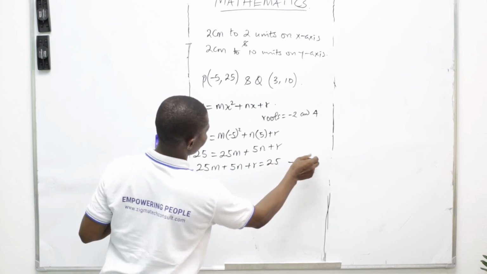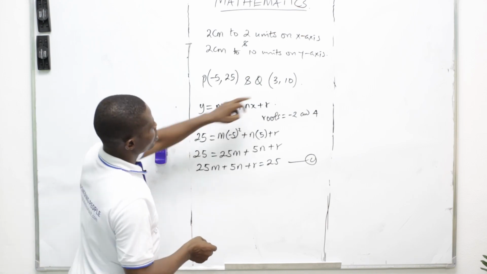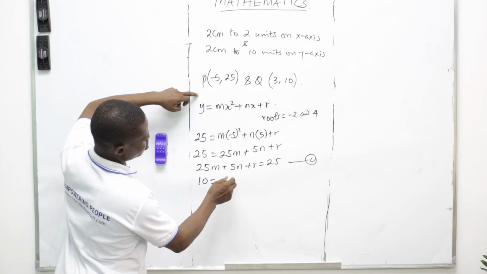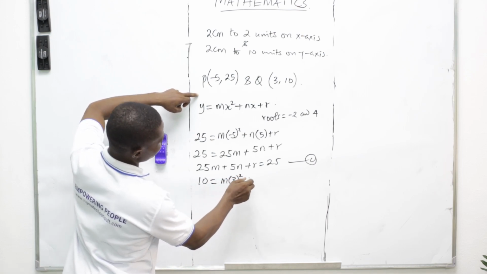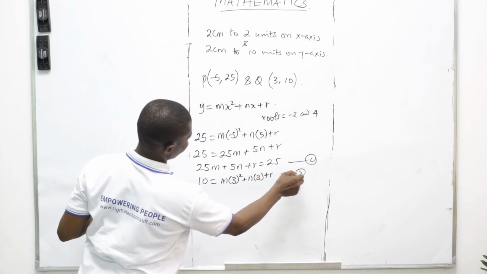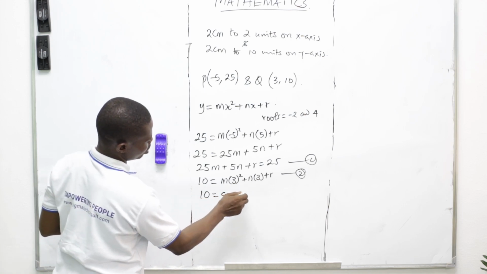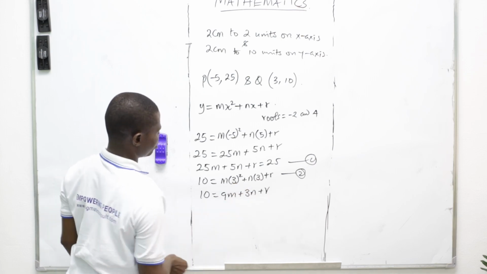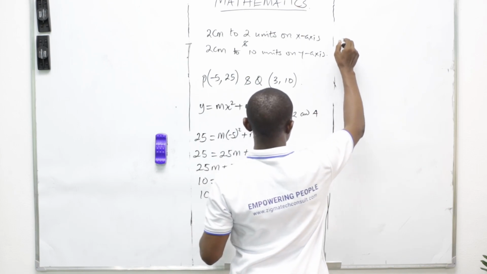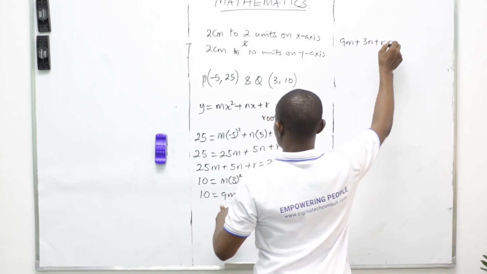I'm just turning it around to make it balance. Equation 1. Now from here, 10 equals m into 3 squared plus n into 3 plus r. Equation 2, that is 10 equals 9m plus 3n plus r. So we now have that 9m plus 3n plus r equals 10.